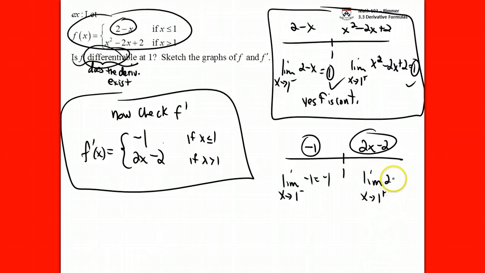At 1. It'll be 0. So you're coming in at a slope of -1. You're going out at a slope of 0. Sharp. Okay, I'll show you what the picture looks like and everything. That's the heart of the matter, okay?